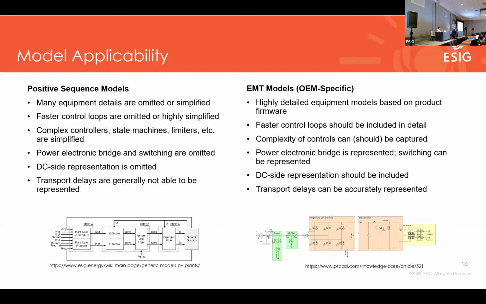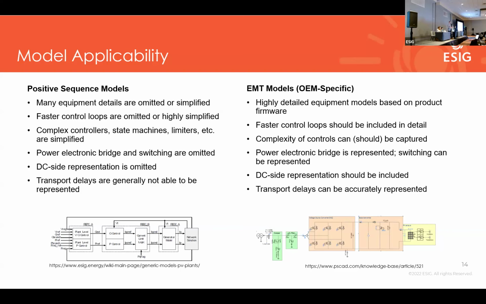It is highly detailed, or can be, based on the product firmware. We'll talk a little bit more about that. This is the capabilities slide, and then we'll talk about what really goes in. The faster control loops should be included in more detail. The complexity is captured, the power electronic bridges are represented, and switching can be represented or not, intentionally.